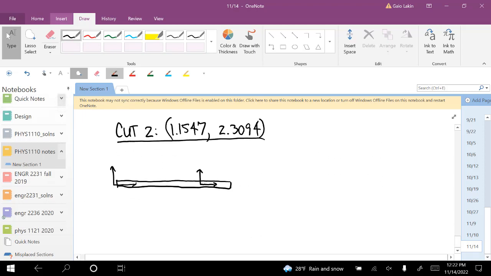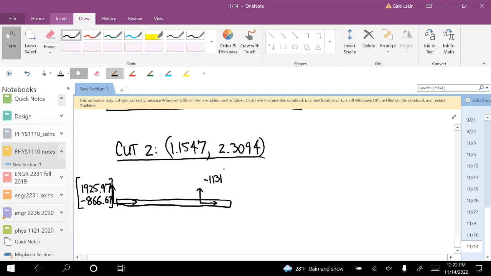So on the left, we have this force of 1925.97, negative 866.67. Then at the second one that I've drawn already, we have a force of negative 1131.67, positive 2242.43.